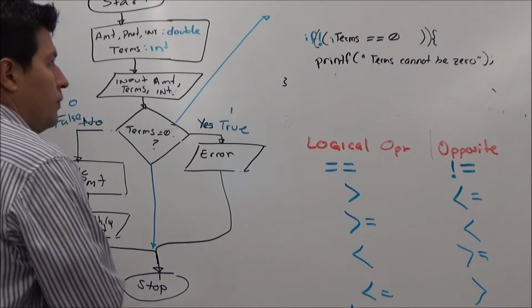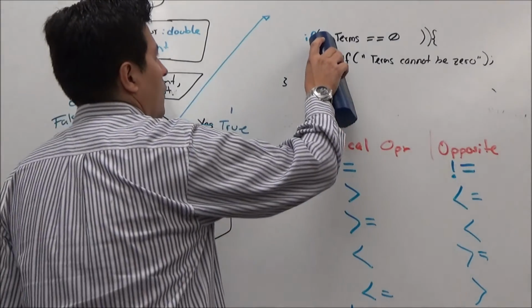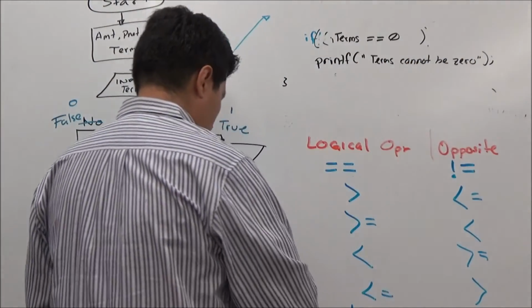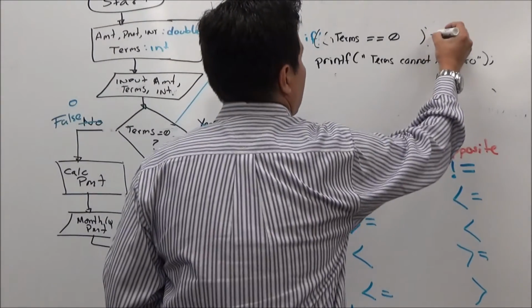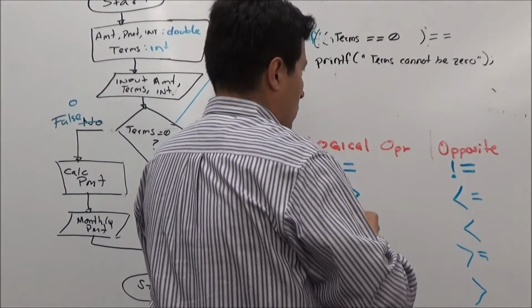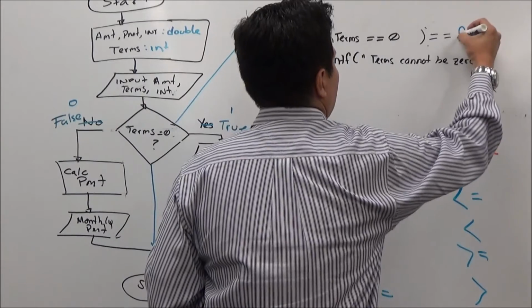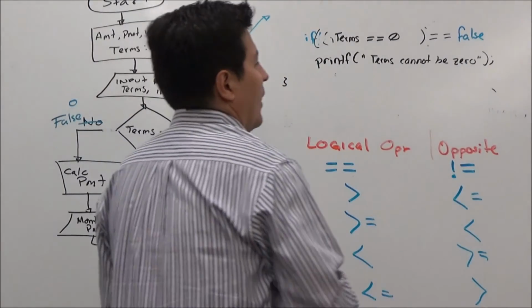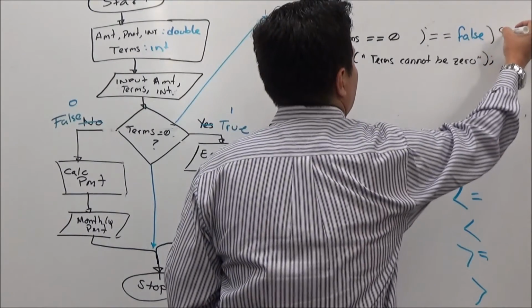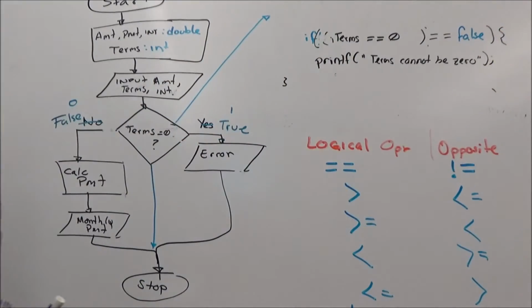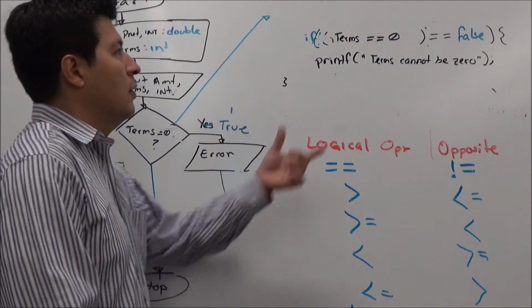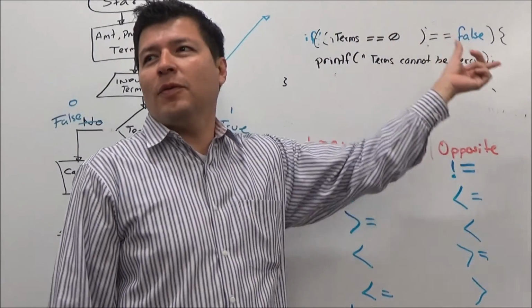Or you can do it like this. If you like to type more, you can do that. That thing equals false. So it becomes true equals false or false equals false.